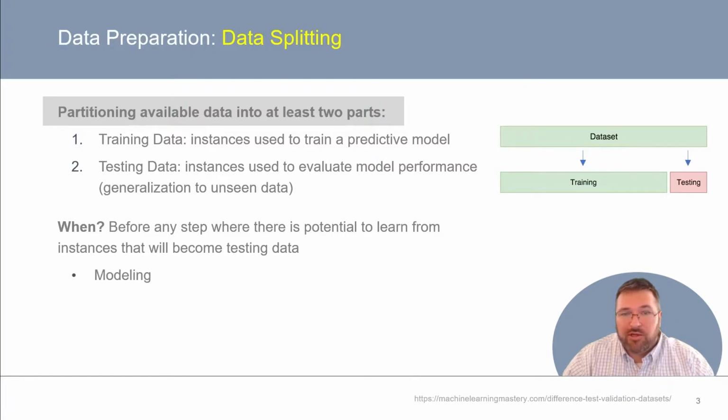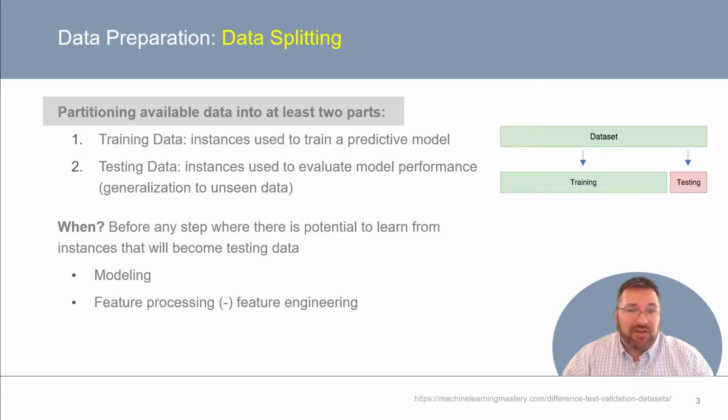So certainly, you'll want to split your data prior to modeling, but also you'll ideally want to split prior to most any feature processing, with the notable exception of feature engineering, which typically uses outside expert knowledge rather than information from the data itself, as we'll discuss later in this video. Further, you'll want to split prior to imputation if you've decided to impute the missing values in your data.